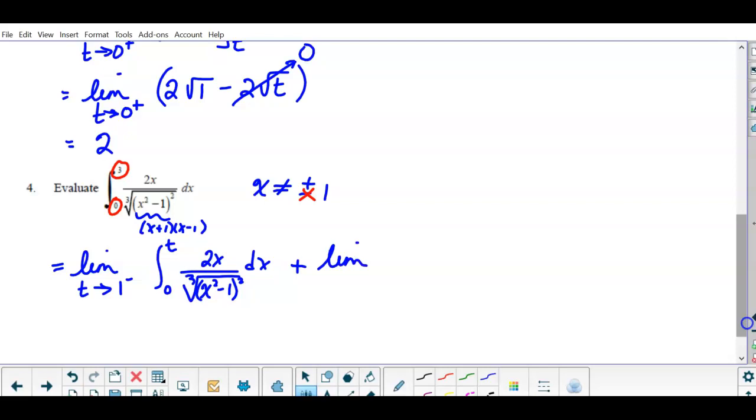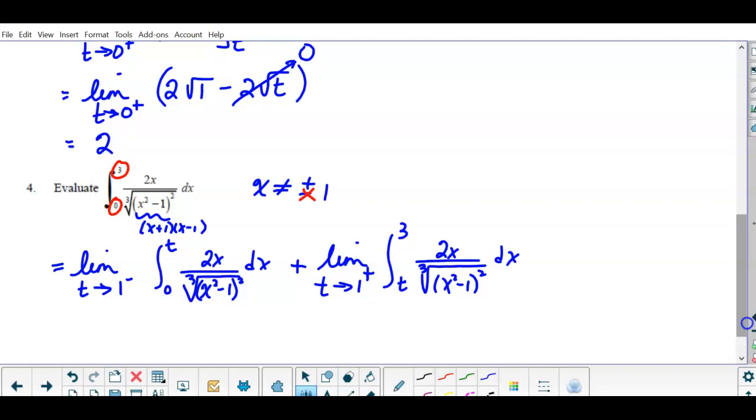Now we're going from the right of 1, so in this case, t approaching 1 from the right, going from t to 3. Okay, so same integrand, different boundaries.